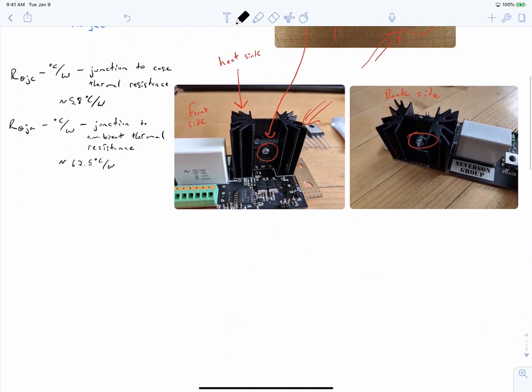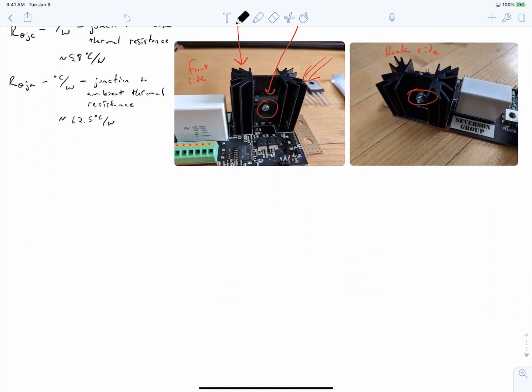So how do we use these thermal resistances? Well, it turns out that we can model a thermal circuit as an analog to an electric circuit. And since we're electrical engineers and we really like circuits, we're very happy to do this. It's something that we know and understand. I should lead into this with one major caveat: this is a very crude approximation of a very complex phenomenon of heat transfer.